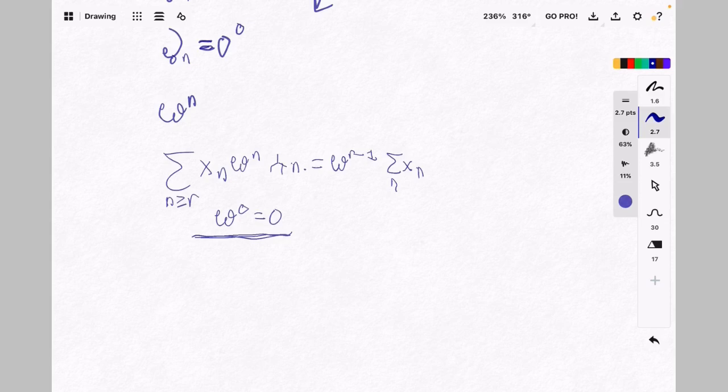Like the sum of xn tritel n, from n greater than or equal to 1, would just be 0 no matter what the xn's are. And then if we went past that, let me write this down. So x1 tritel plus x2 tritel squared plus so on, we get 0.